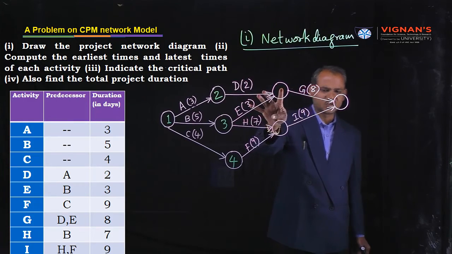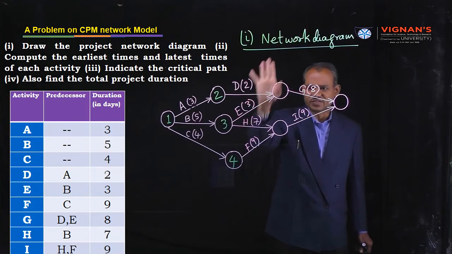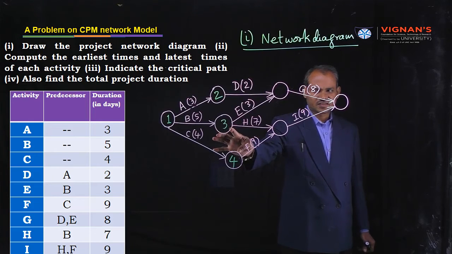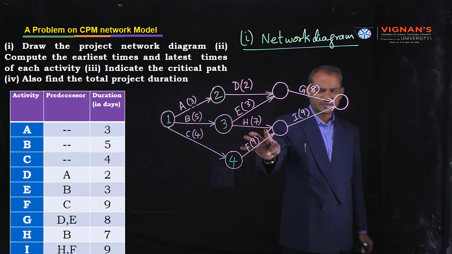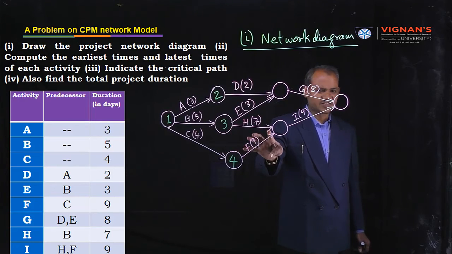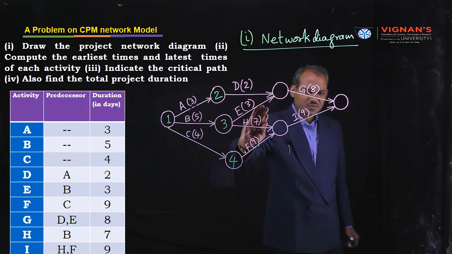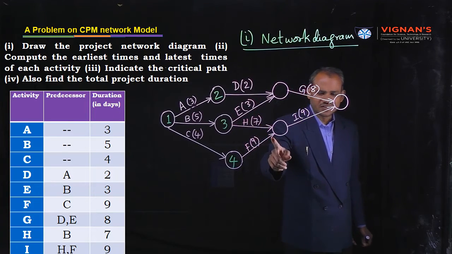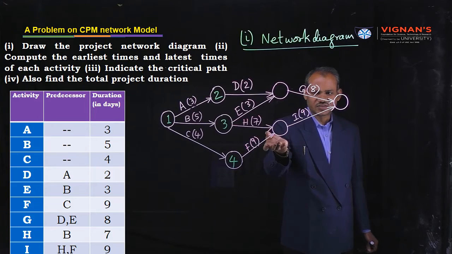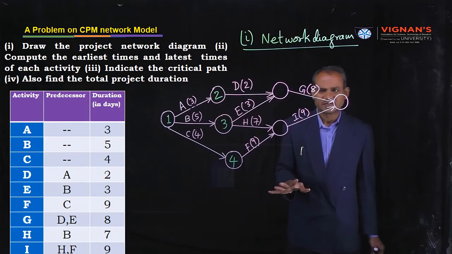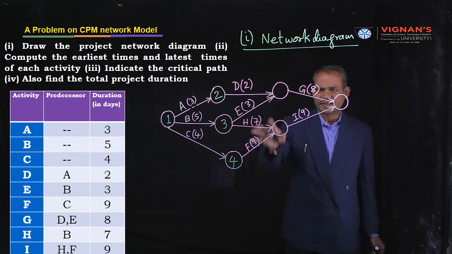Next, consider the arrow coming from node number 3. Ignore it. One more arrow is entering here, so in this situation also, it will not create a new initial event.